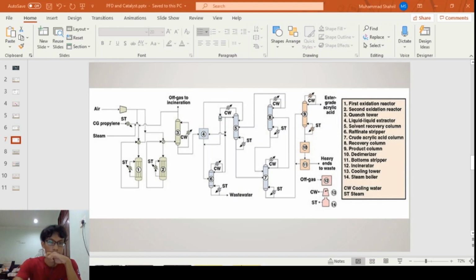Next I will proceed to the purification, which is the last process description, as I mentioned before.